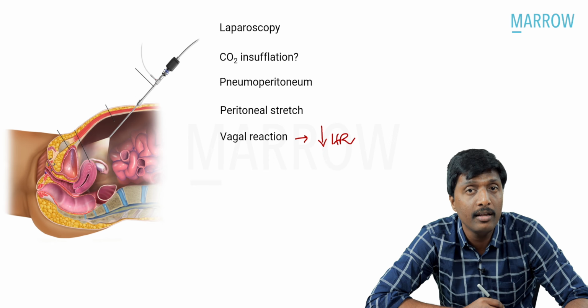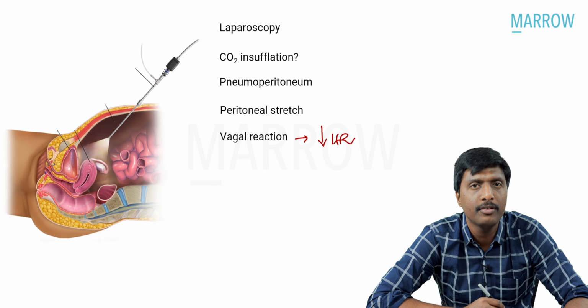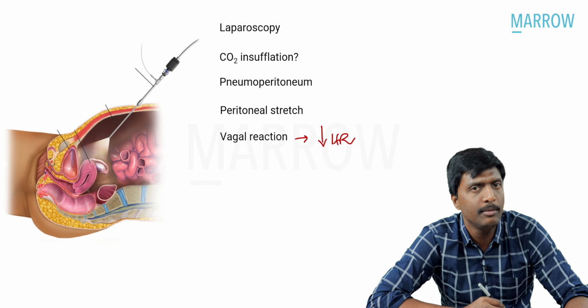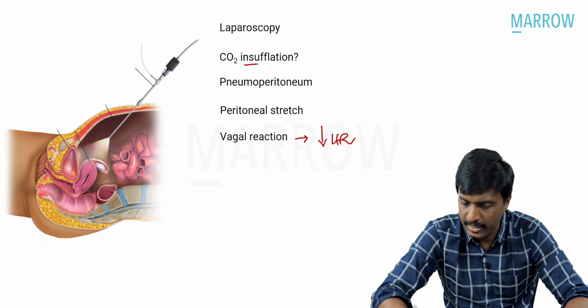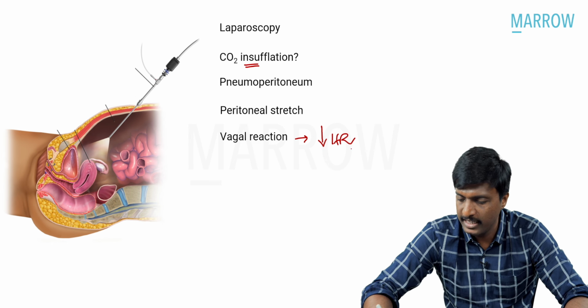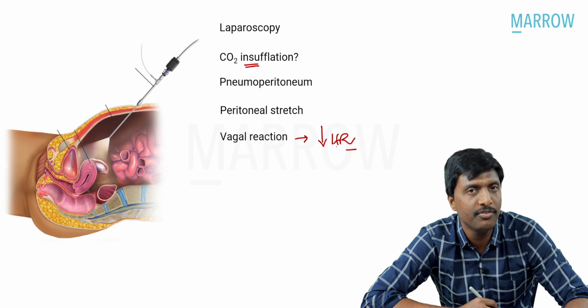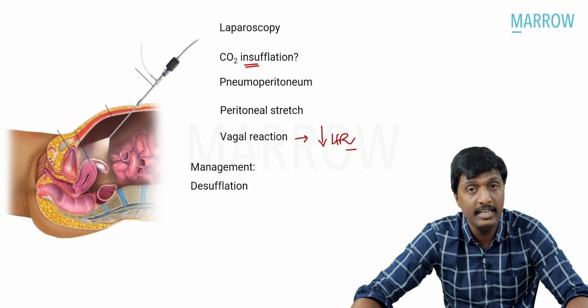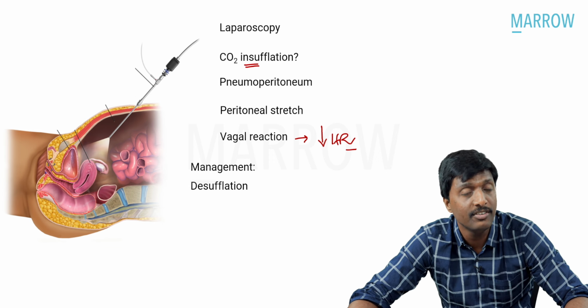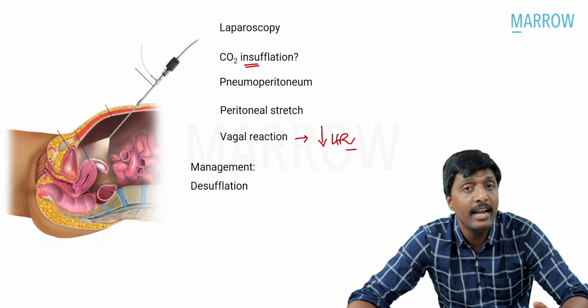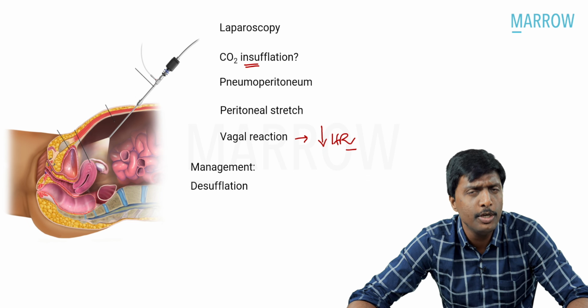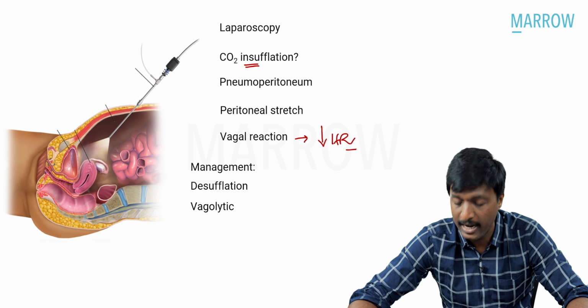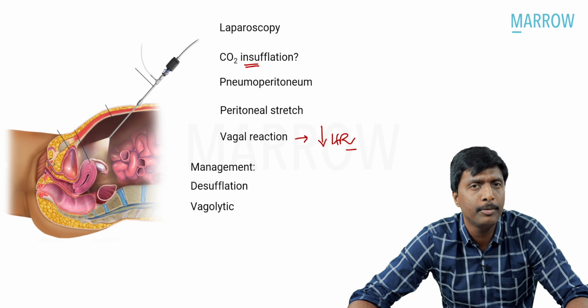If you see bradycardia, you have to act immediately. What is the management here, sir? Simple. We are doing insufflation, we are seeing bradycardia. The opposite of insufflation is to quickly desufflate. That's all. Desufflation. It is the vagal activation, so we can definitely use a vagolytic like atropine, for example.